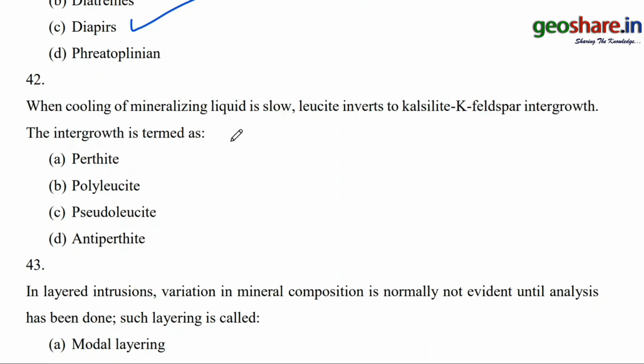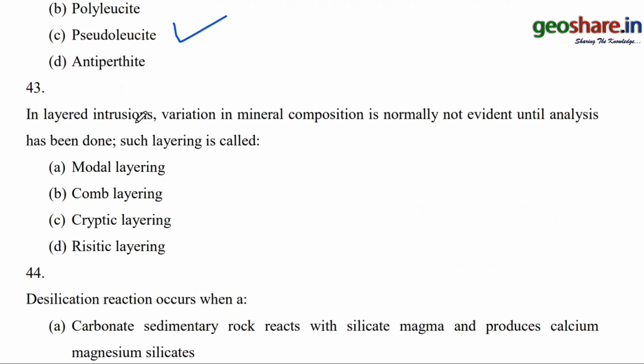The intergrowth is termed as pseudoleucite. In layered intrusions, variation in mineral composition is normally not evident until analysis has been done. Such layering is called cryptic layering.